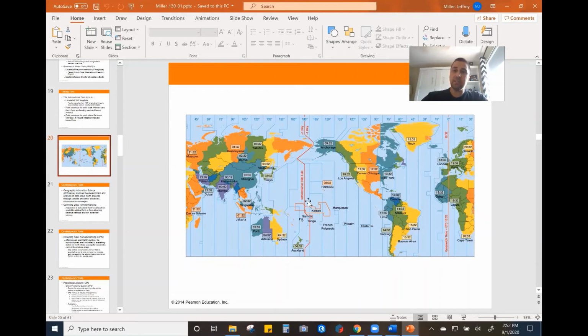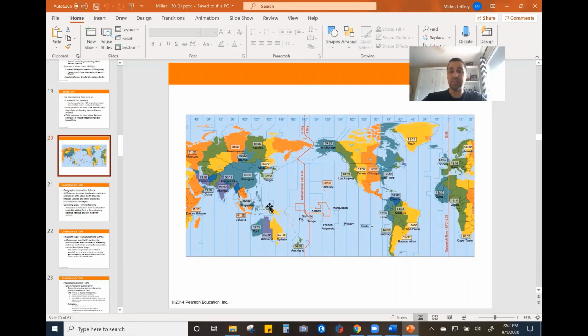International dateline, let me just reemphasize a couple things. Say, for example, you are on this side of the world and you fly in a plane going in this direction like this, okay? So this would be considered east. So you would be flying west to east like this, in an eastern direction.